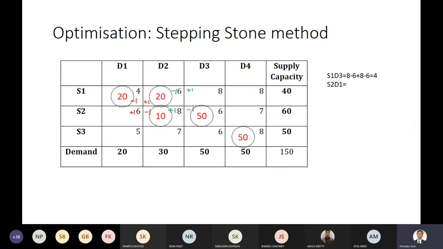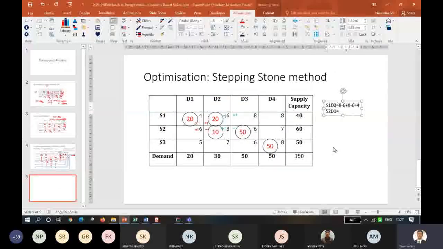I will go back and write it there. So S2 D1, since I have added 1 unit here, my cost will increase by 6 rupees. Then since I have subtracted 1 unit from here, S1 D1, my cost will reduce by 4 rupees. Since I had subtracted here, I will be adding in this cell, so my cost will increase by 6 rupees.